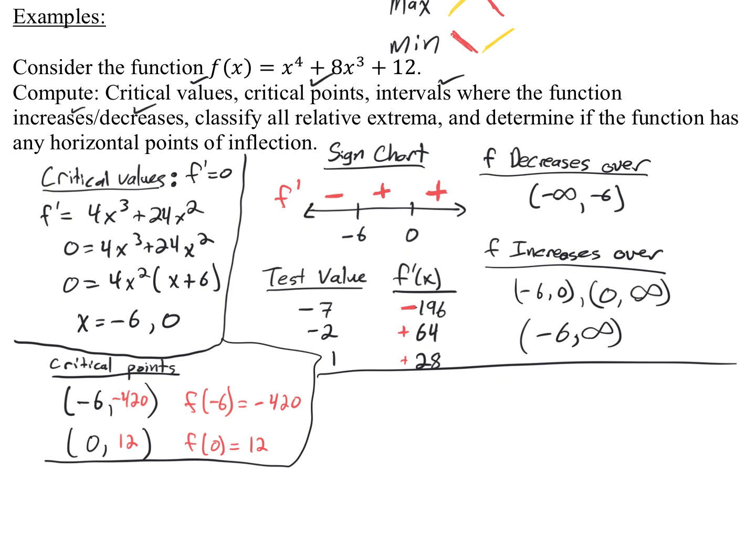When we classify relative extrema, what that means is take your critical points, and now that you know where the function decreases and increases, you can tell me, are these points minimums? Are they maximums? Are they neither? Okay, so let's examine the first point first. So at -6, the function decreased, then increased.